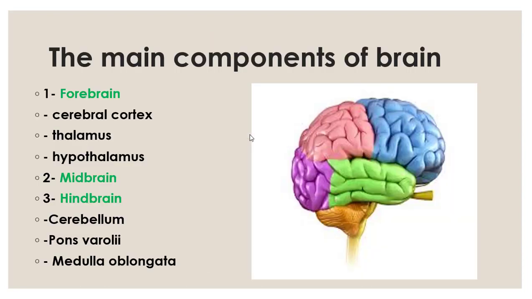The main components of the brain. The brain is divided into three main parts: forebrain, midbrain, and hindbrain. The forebrain consists of three main parts: cerebral cortex, thalamus, and hypothalamus.